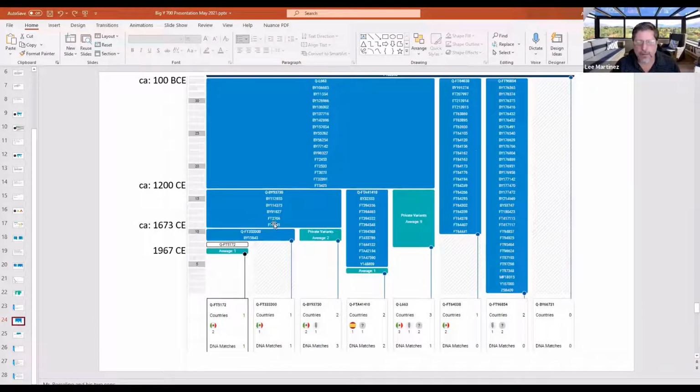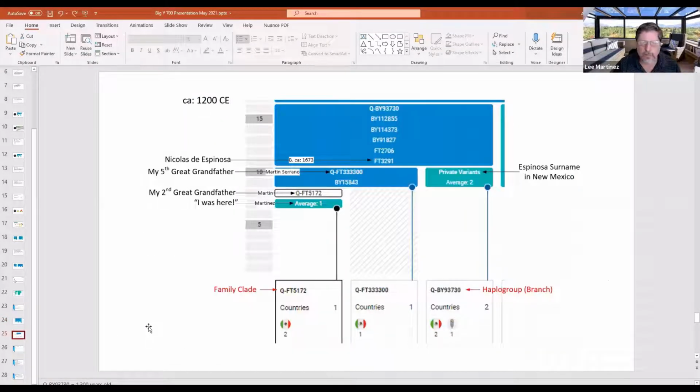Then using that 81.5 years per SNP mutation, this is about 1200 CE. This is important because I'm thinking what's going on in the American Southwest and Mexico at that time, right? This is the beginning of the Aztecs, right? 100 BCE, so it's important. It helps you kind of see this tree in a different way when you can put dates to it.